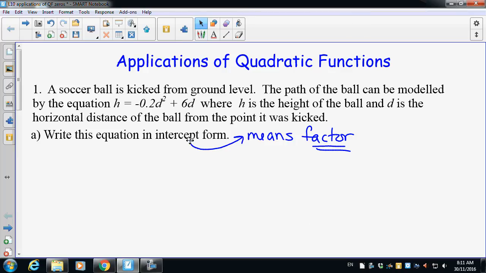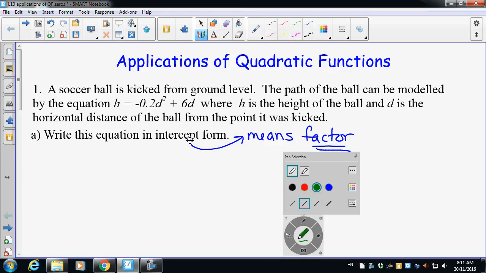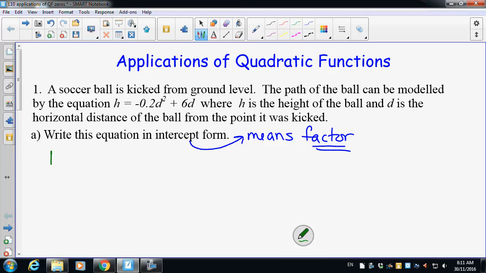So I'm going to get my equation and think about how to factor it. My equation is negative 0.2 d squared plus 6d. The first thing I notice is this number at the front. That means I'm going to have to common factor. So I'm going to divide everything by negative 0.2.